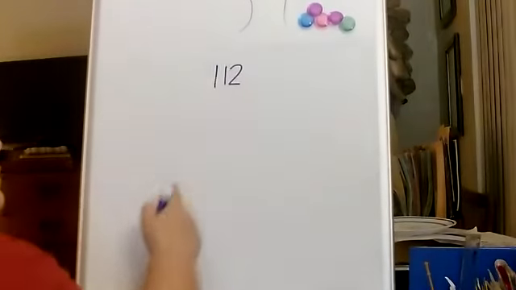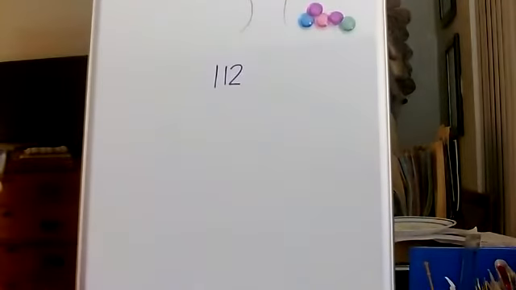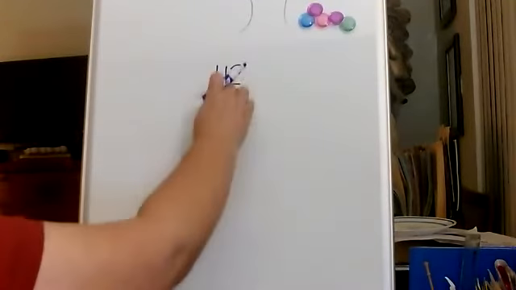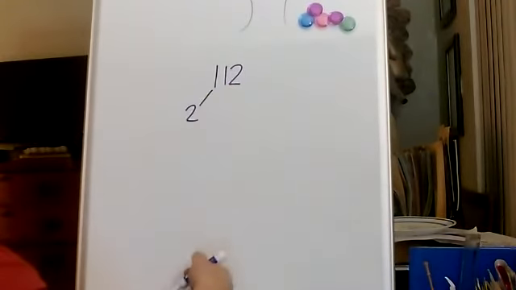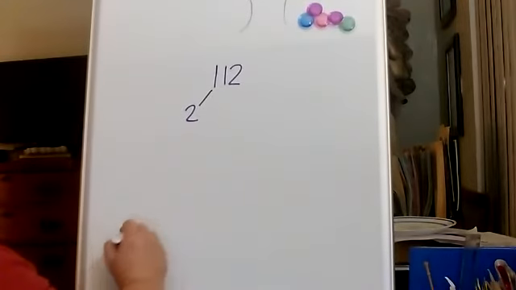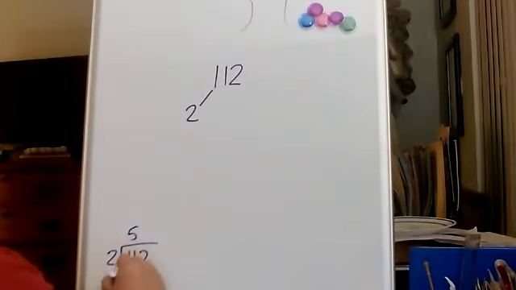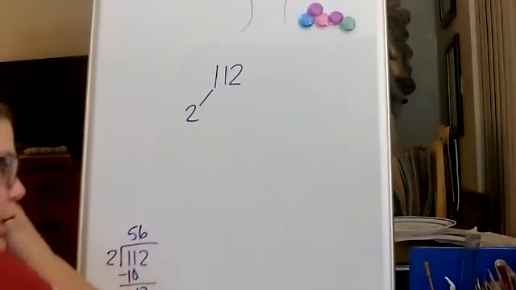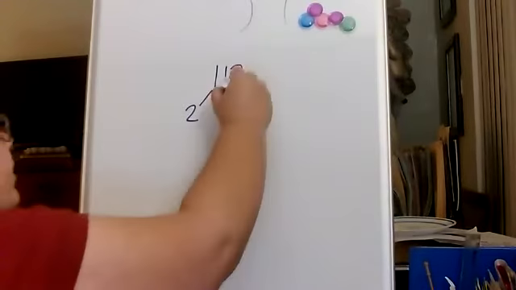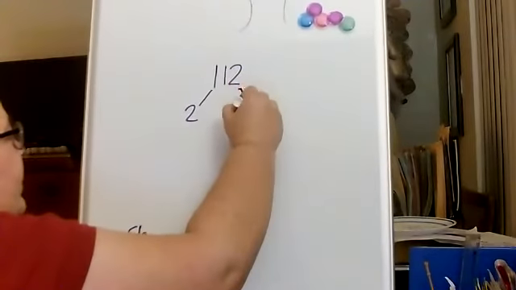112. Well, right off the bat, we can see that it is divisible by 2 because it ends in an even number. So 2. 112 divided by 2. 5 times 2 is 10 right here. We're going to subtract. 2 goes into 12 6 times. So this right here is 56.